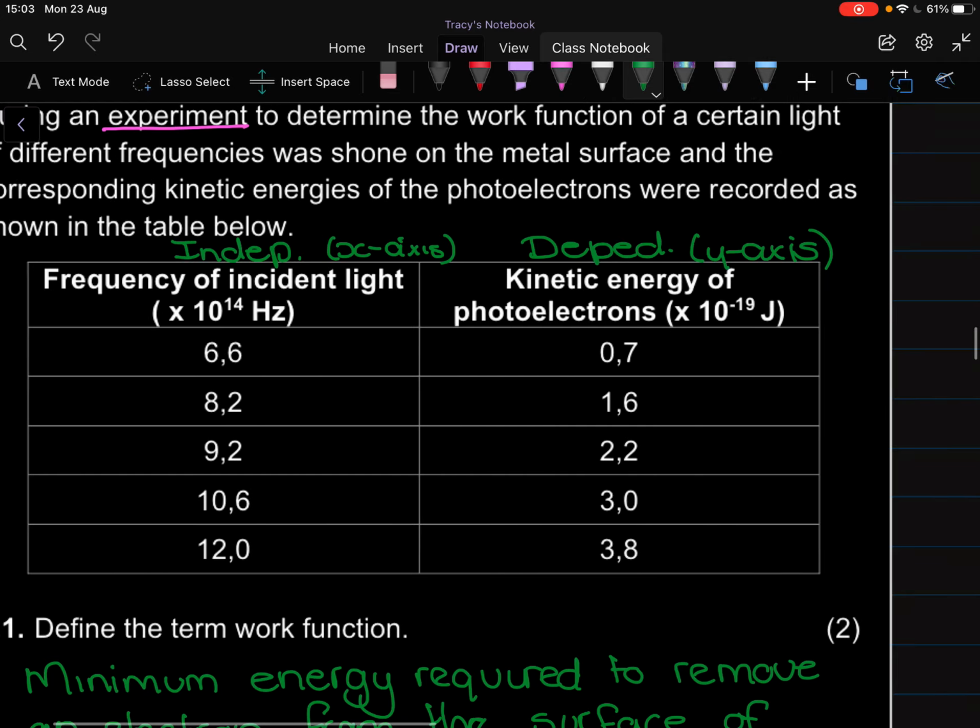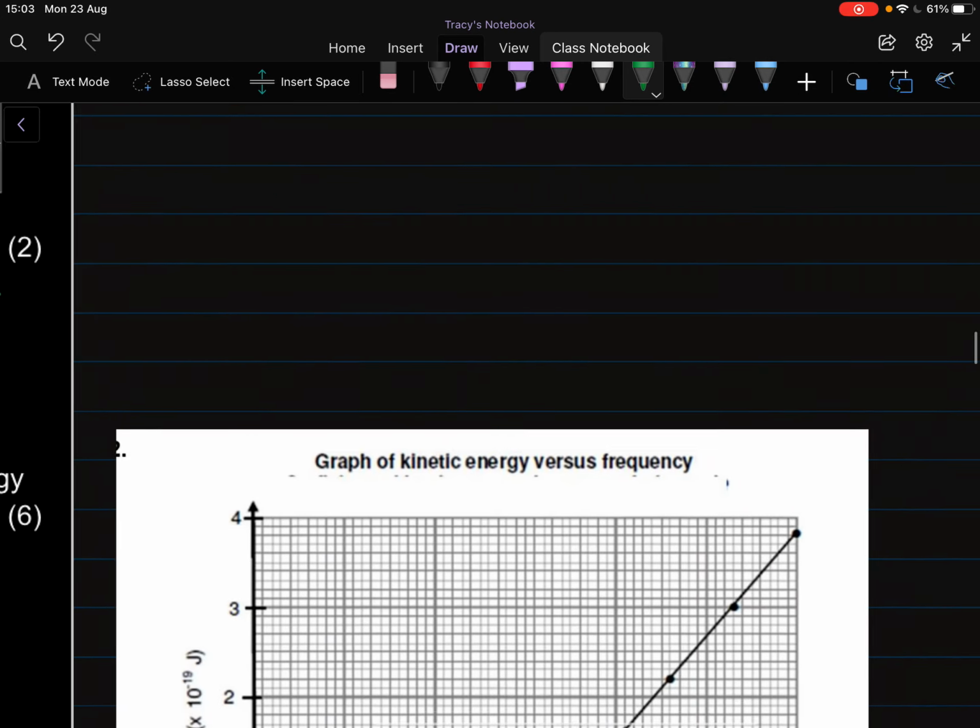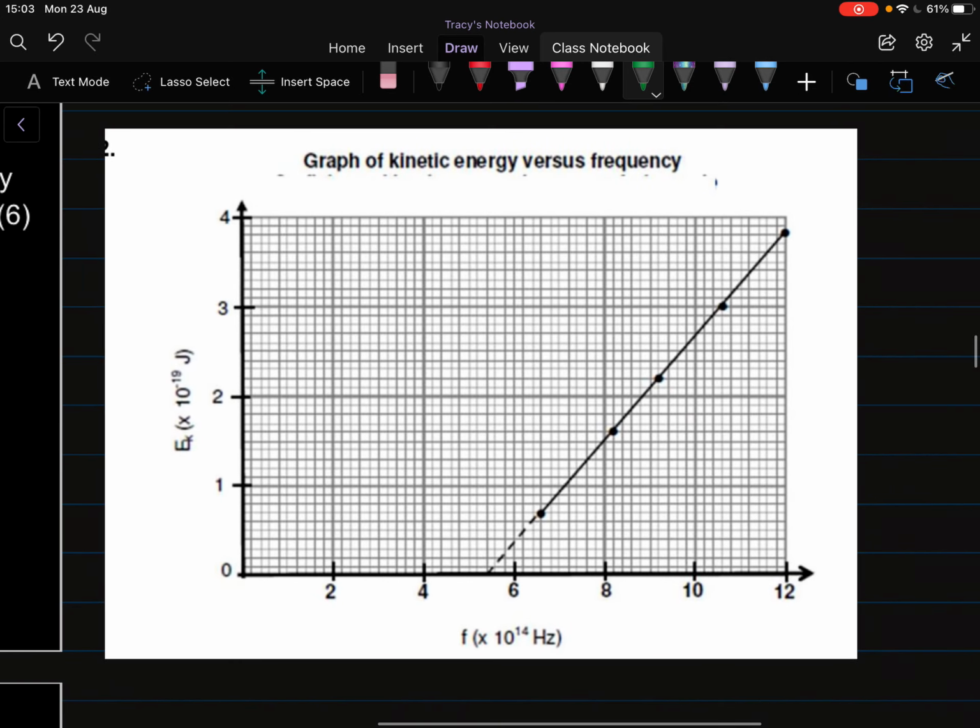Now remember, this is an accurate graph, so there's a couple of things you need to have. I did cheat. Here's the graph, and this is what the memo gave us. First of all, I need a decent heading: graph of dependent versus independent. Secondly, labels: kinetic energy times 10 to the minus 19, frequency units times 10 to the 14.